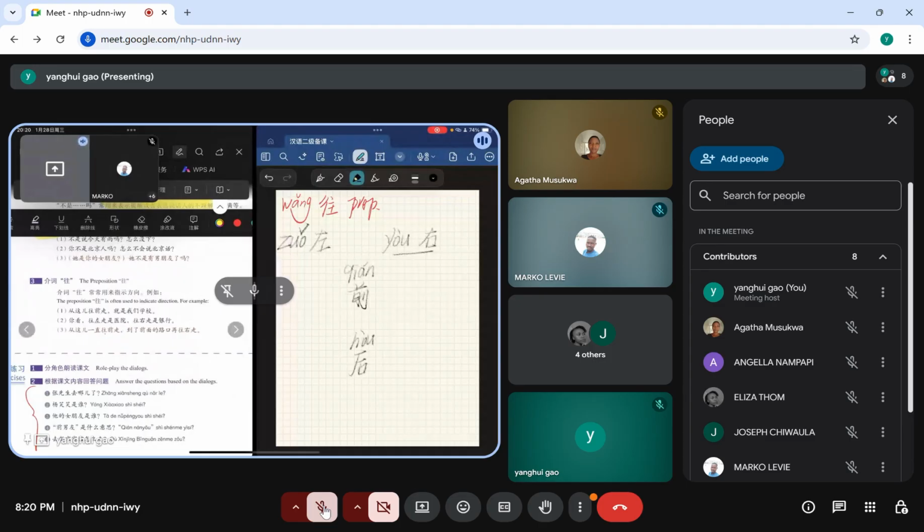Okay, so 前 is front, and the back is 后. So we have 前后左右. And then we have the preposition 往.